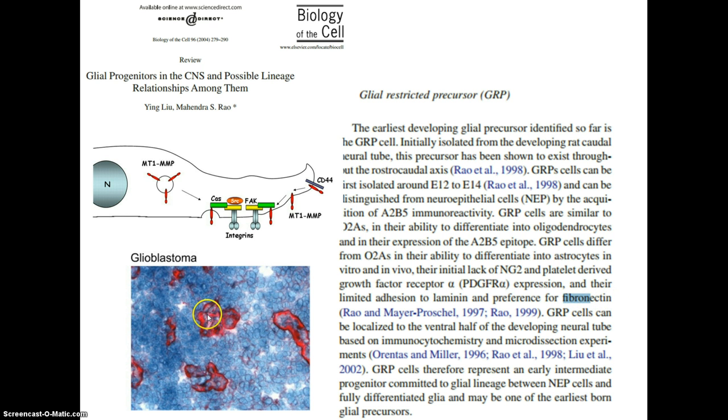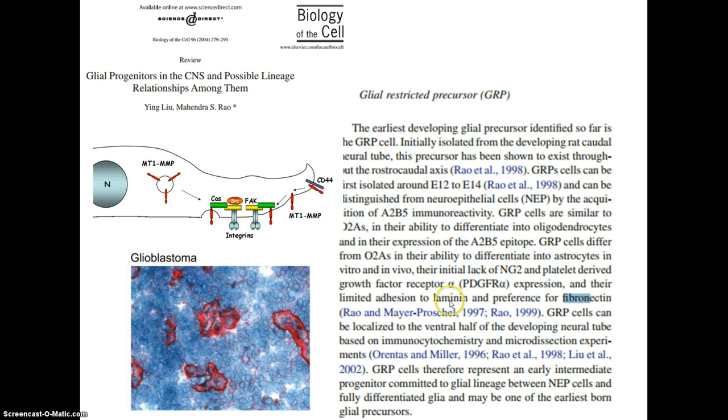So we see the fibronectin staining over here by another group, only around the blood vessels. So if fibronectin is restricted to that, then is that the only place that we can see these cells migrate away? So is there a heterogeneity of the cell population and preference for extracellular matrix to bind to?